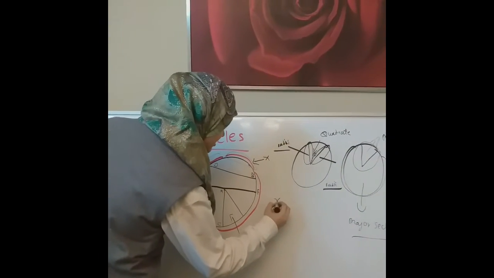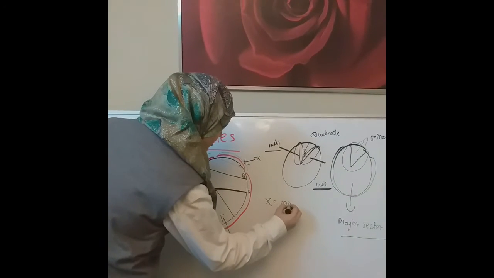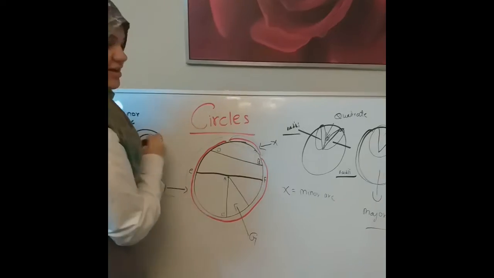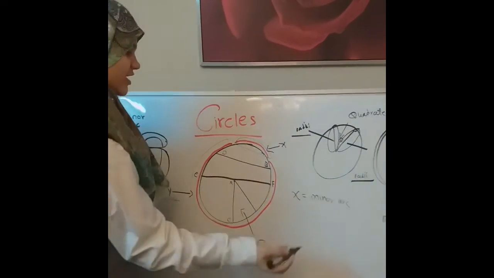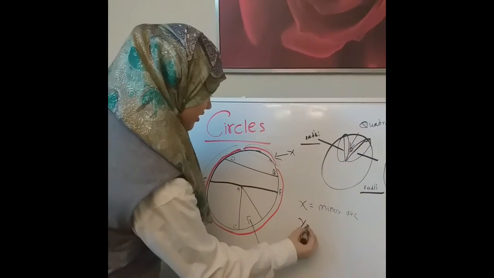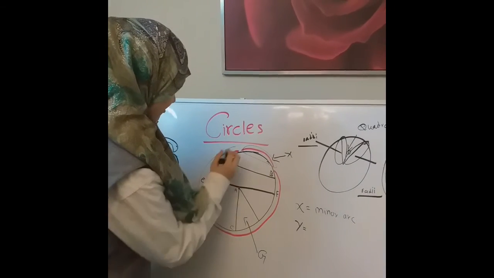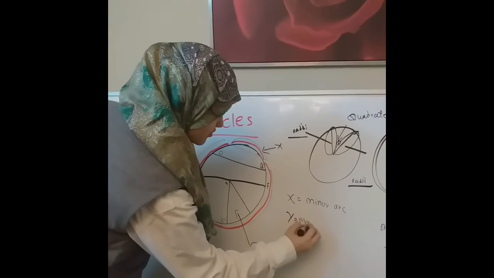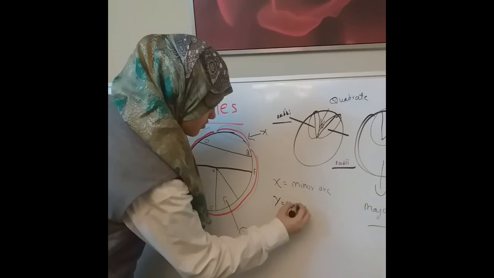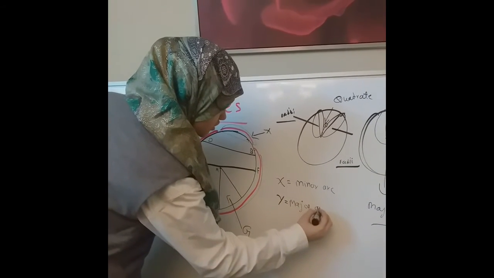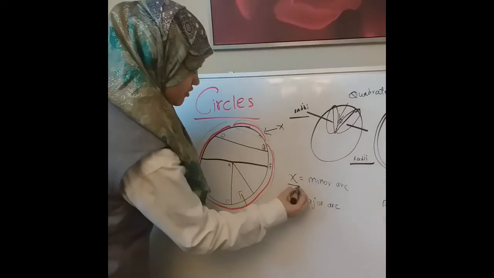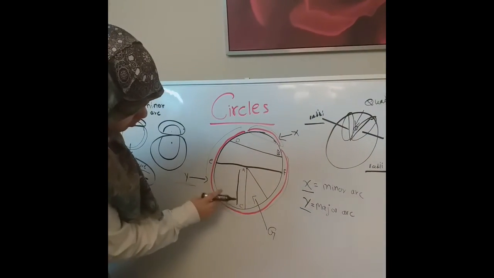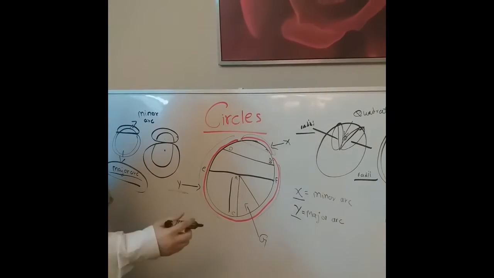So X is a minor arc because it is an arc, okay? Then Y is a major arc. We know about X and Y, but from A to C, what is it?